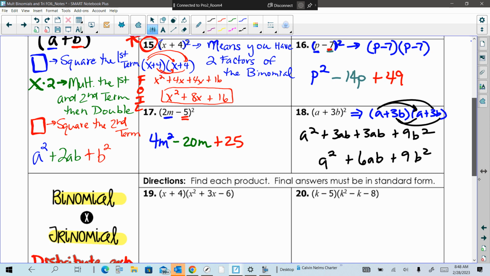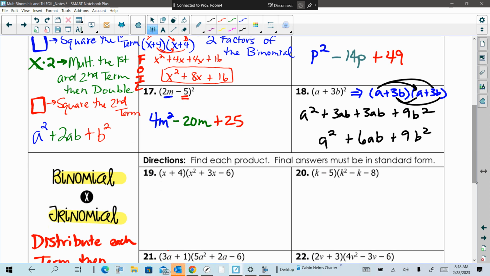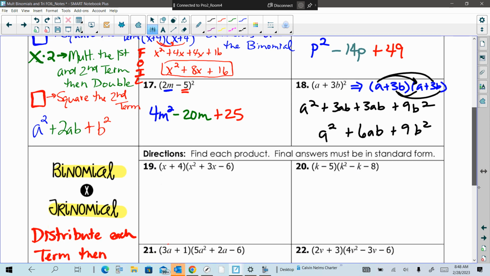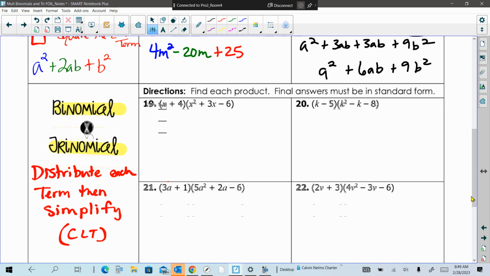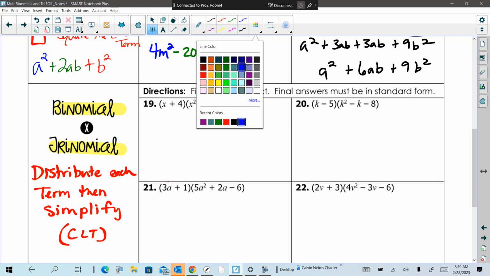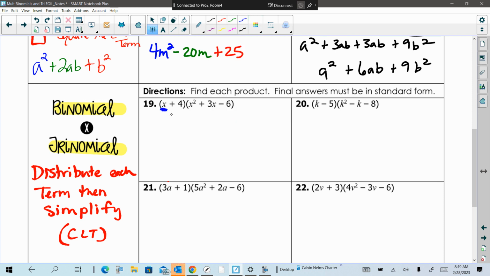All right, now, a binomial times a trinomial. The last section, let me show it to you, means you're just going to distribute each term and combine like terms at the end. So you start with your first term, which is the x. Do this with me.